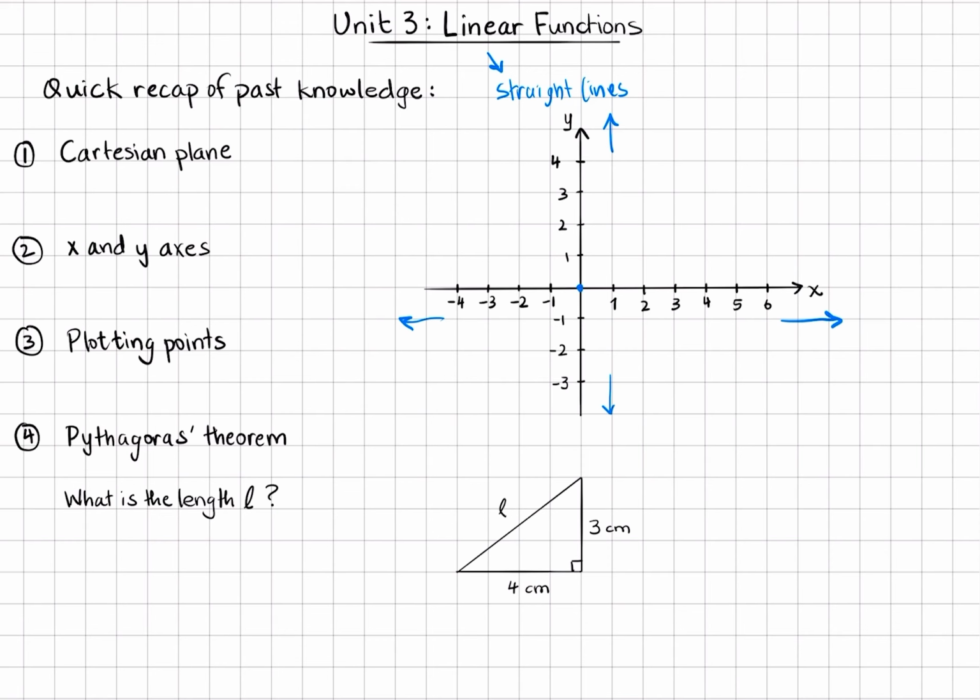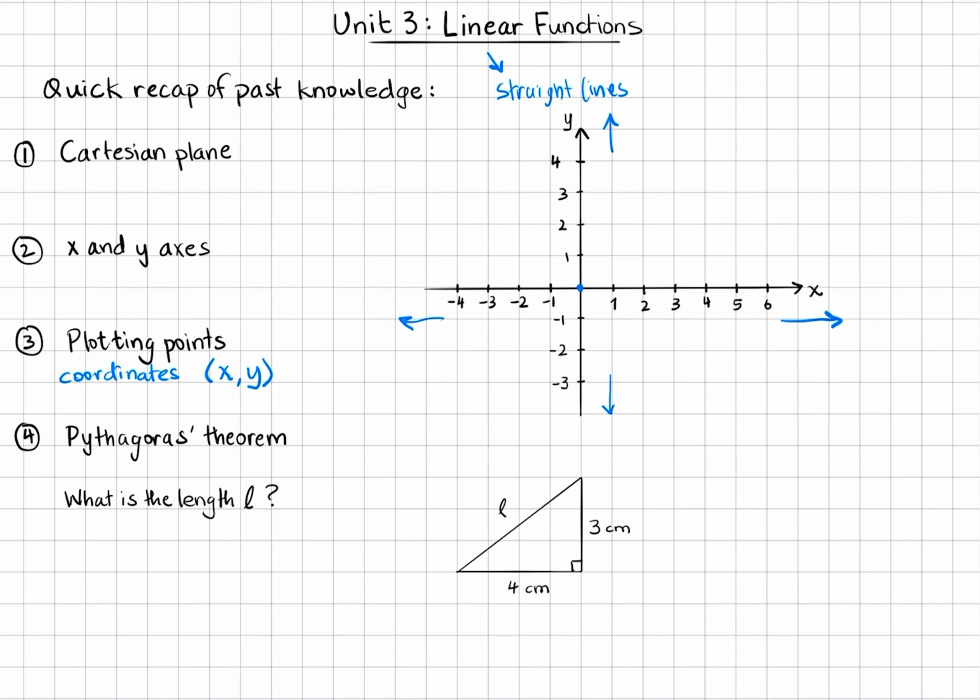The third thing is now we're going to start plotting points. And points also have another name, which is coordinates. So think of coordinates as locations on our x and y axis. So points look like this. When we write them down, they always are between brackets, and then we write the x number first, the x location first, and then the y location.